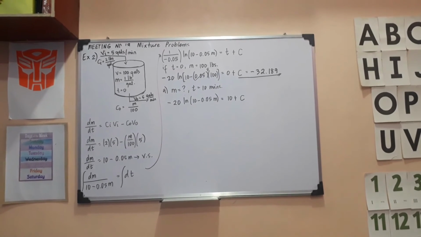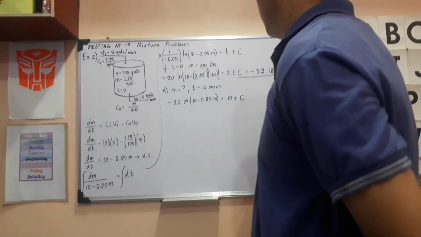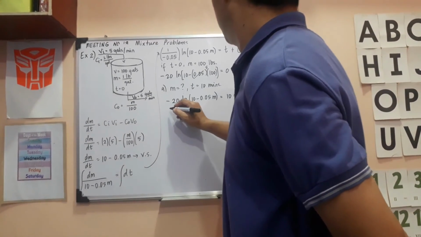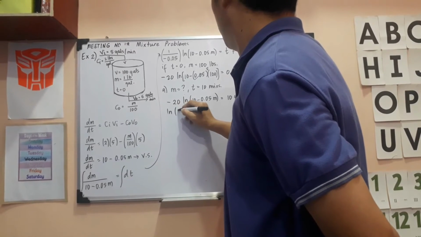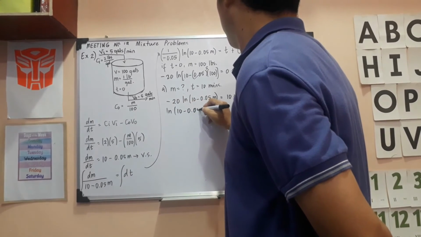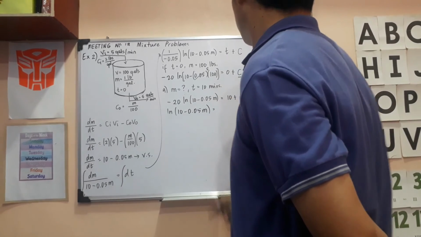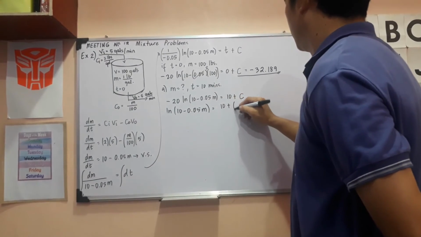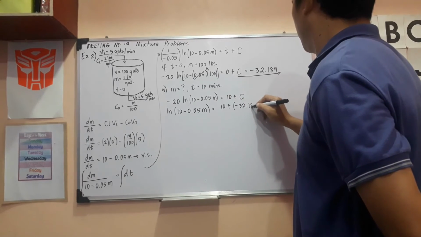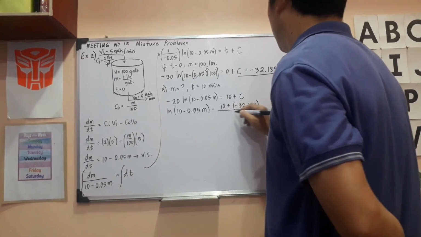Going back. So, ln of 10 minus 0.05 of M is equal to, so 10 plus what is C? Negative 32.189 over negative 20.